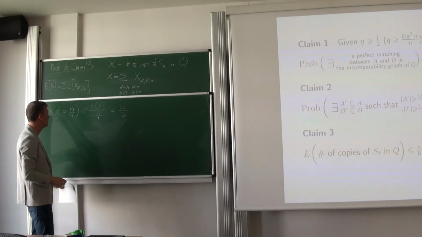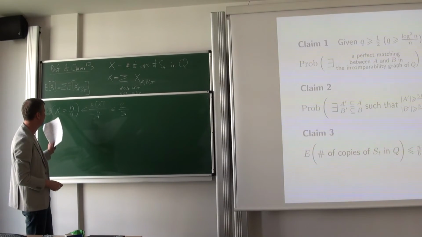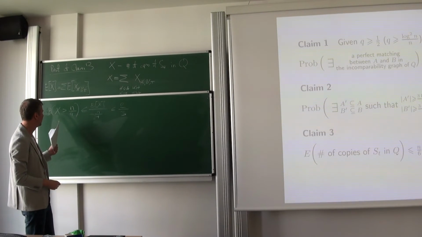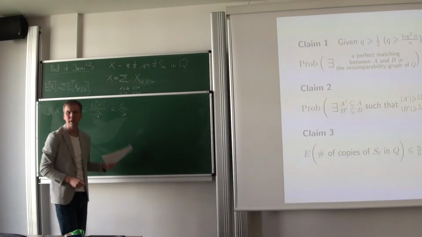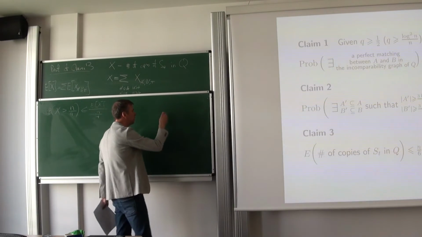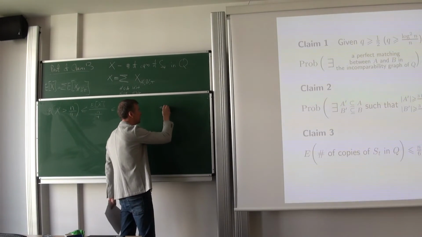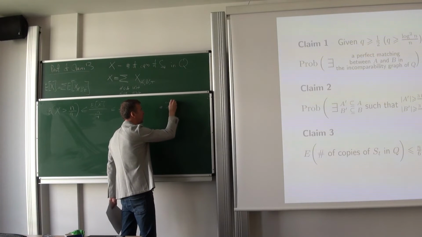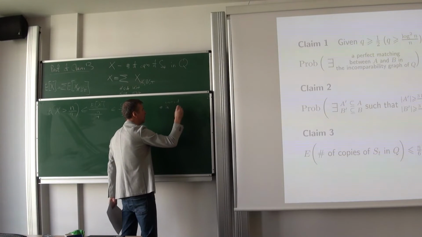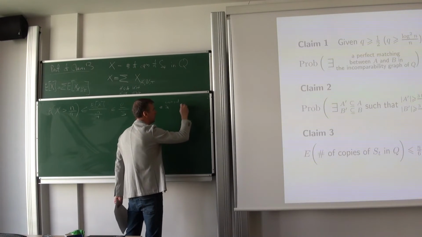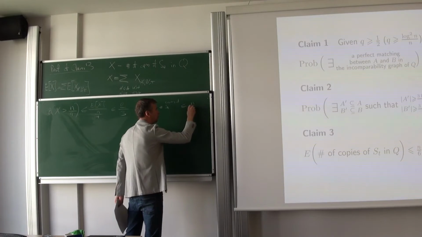So with probability 1/3, we have a number of linear copies of ST at most n over 4.